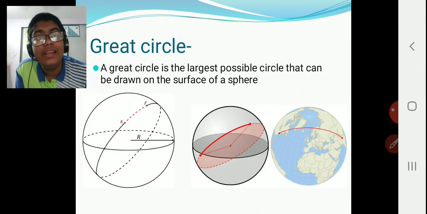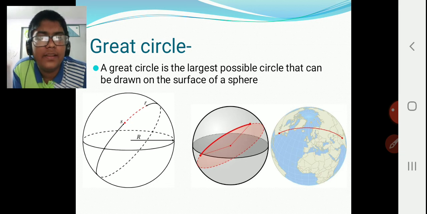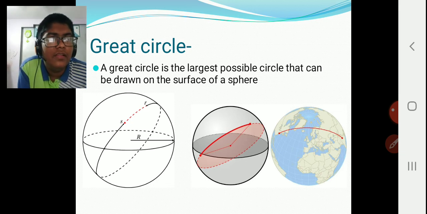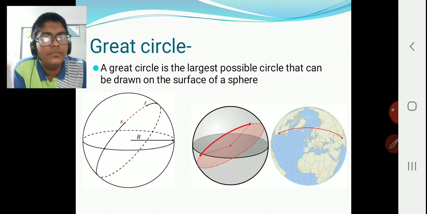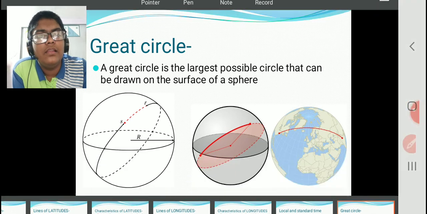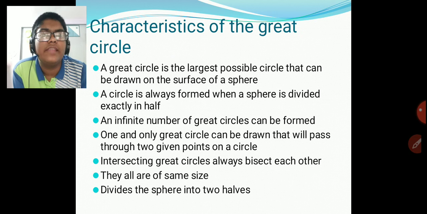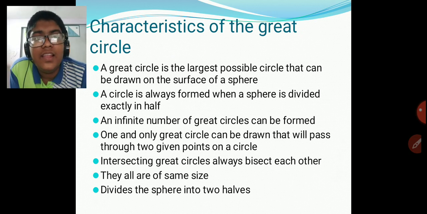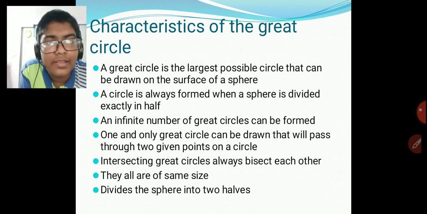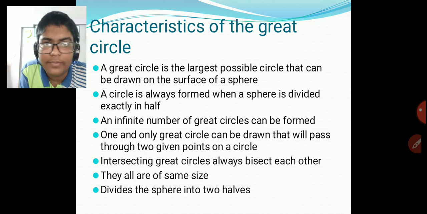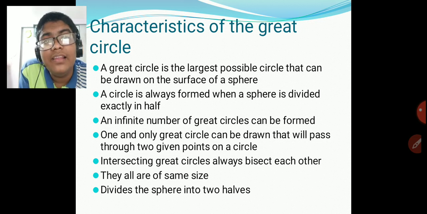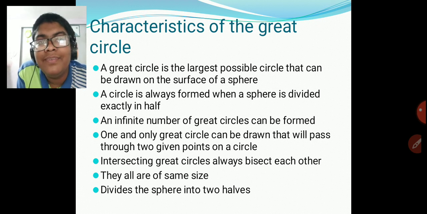Great circle. A great circle is the largest possible circle that can be drawn on the surface of the globe. Now let us learn about the great circle's characteristics. A great circle is the largest possible circle that can be drawn on the surface of a sphere, as we have learnt. A circle is always formed when a sphere is divided exactly in half.